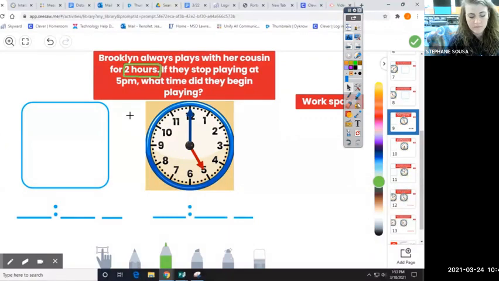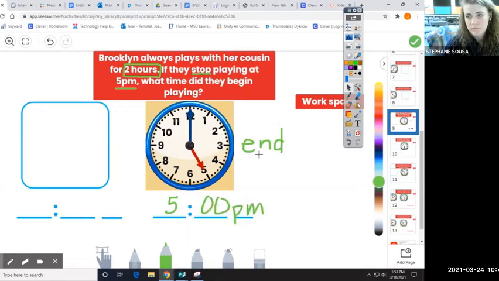I also can identify the time that they stop playing because the story tells me they stop at 5 p.m. My end time is 5 p.m. I notice my analog clock also shows 5 o'clock p.m. as the end time. What does my question ask me? What time did they begin playing?